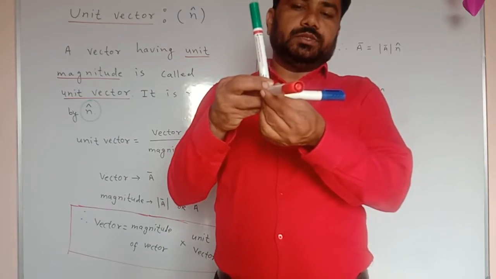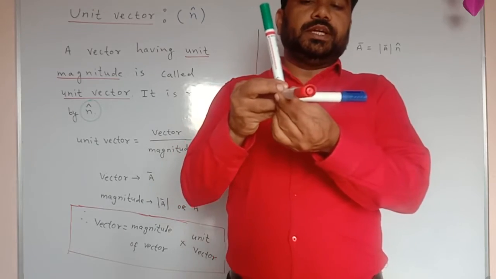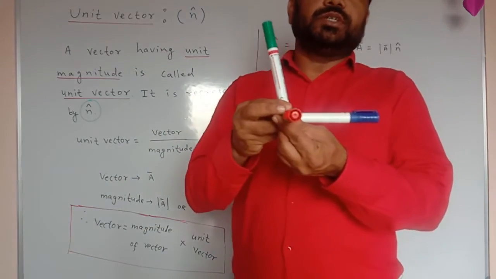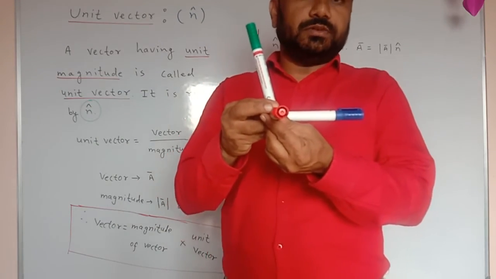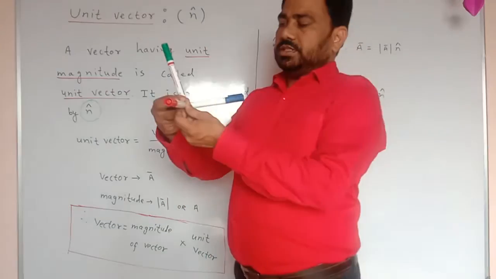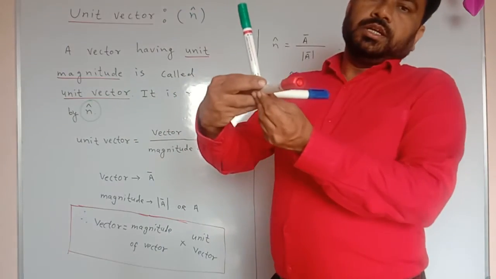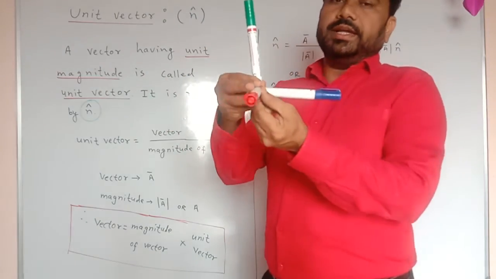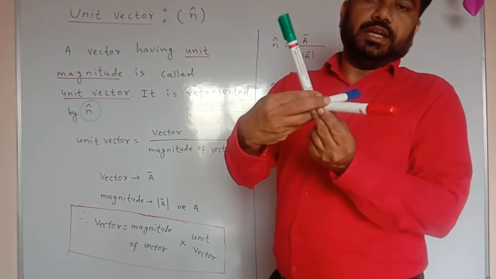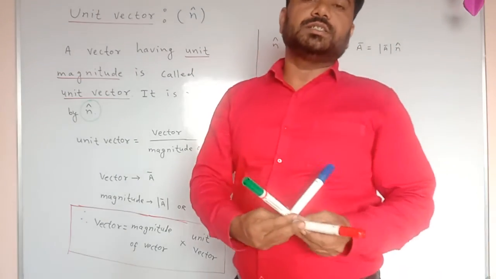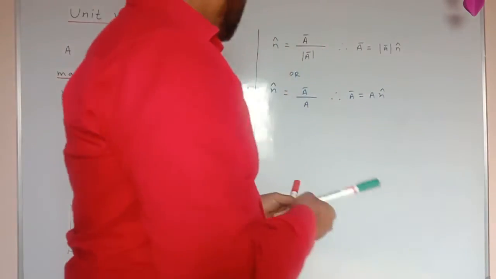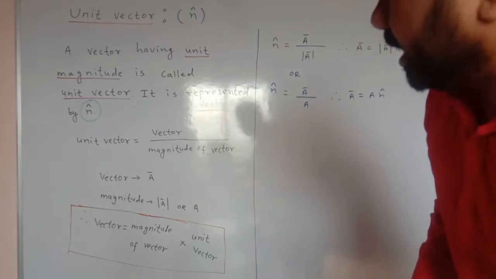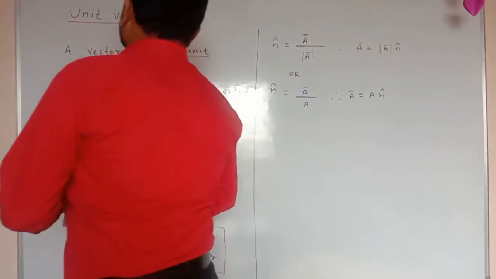In this condition we can say that these three vectors are mutually perpendicular to each other. This is called the Cartesian coordinate system. In this situation, the angle between any two axes must be 90 degrees. So let us discuss the rectangular units.